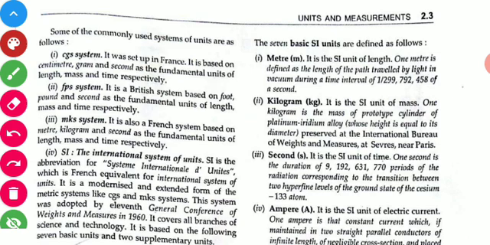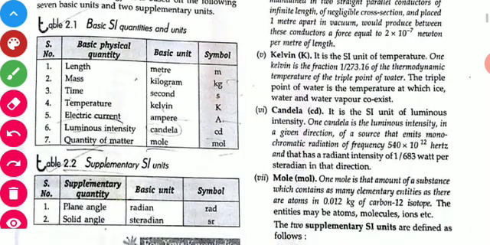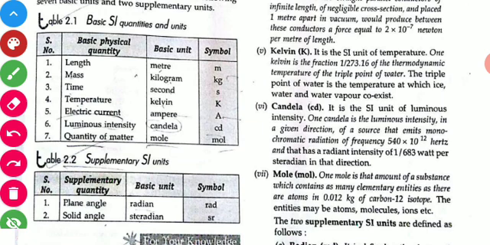Now, it was decided that there will be 7 fundamental quantities: length, mass, time, temperature, electric current, luminous intensity, and quantity of matter.